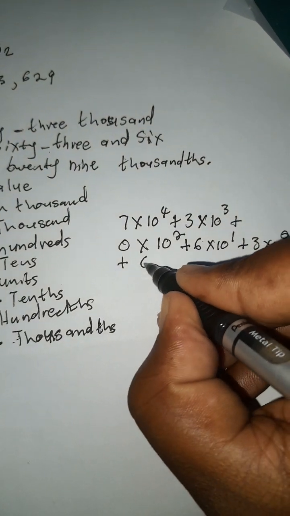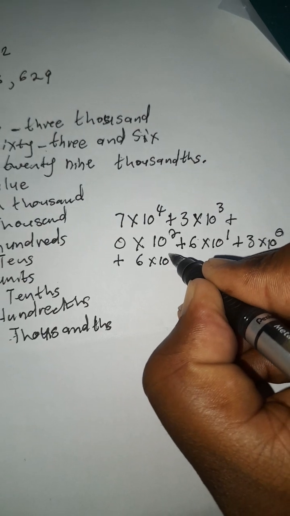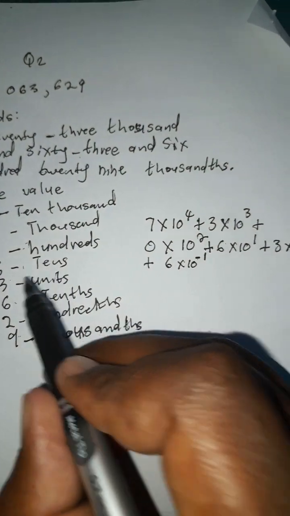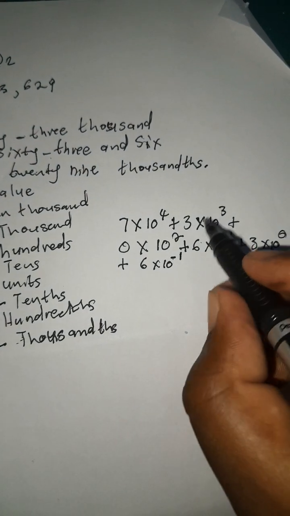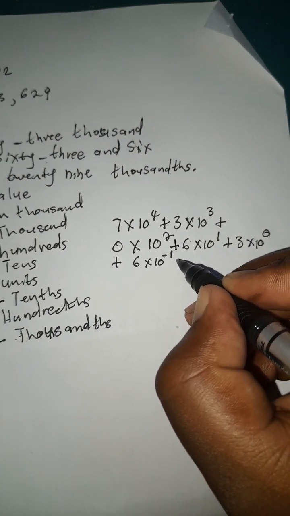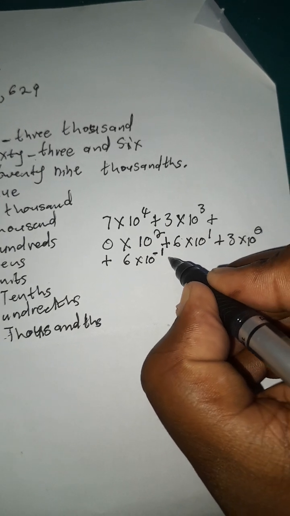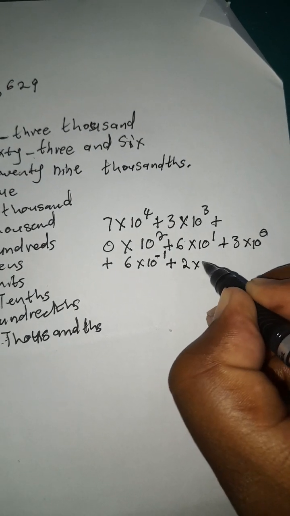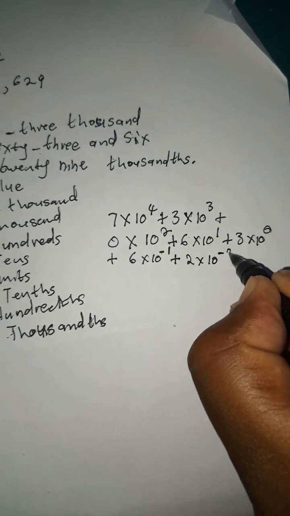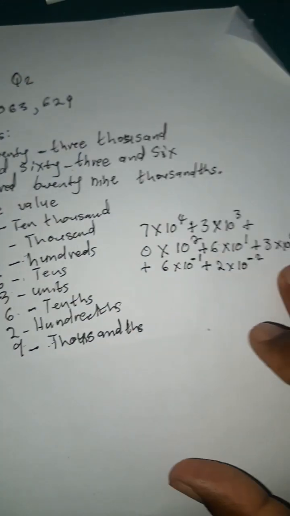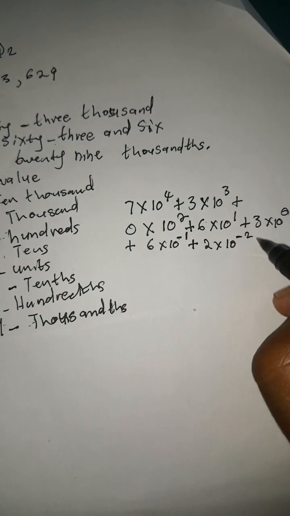Then we also have 6 times 10 to the power of -1. We are going backward now. This is the same as 6 times 1 all over 10, right? Plus 2 times, this 2 is in hundredths, but we are going backward, so that's why I'm using negative powers.